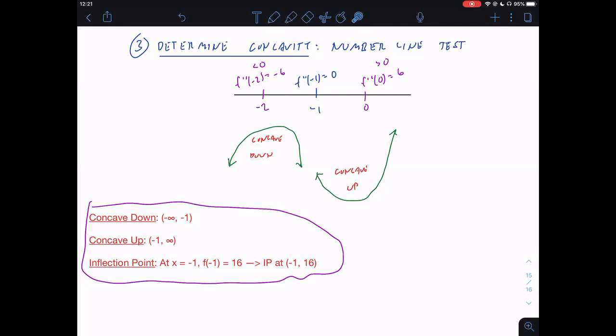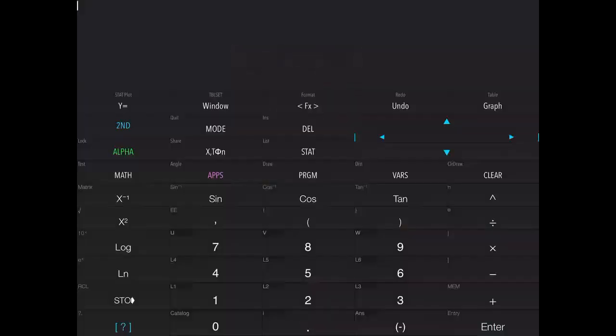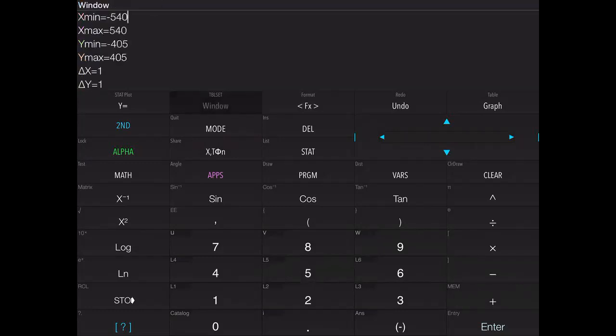Let's visualize this. Let's graph this here. All right, so we had x cubed plus 3x squared minus 9x plus 5. All right, let me set the window here. For x, I'll do -10 to 10.